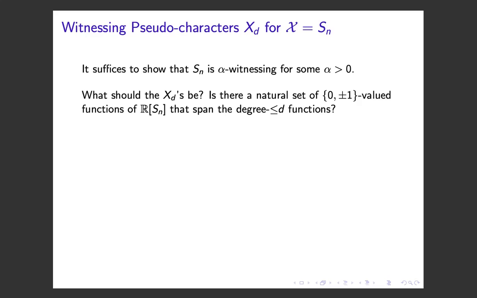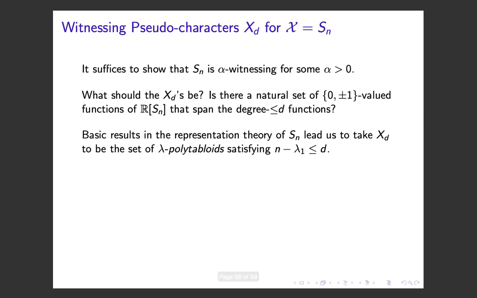At first it seems like finding a needle in a haystack. But if you know some representation theory of the symmetric group, then there's a really natural family of functions that pops out. Namely, these things called lambda polytabloids, the polytabloid functions that satisfy the condition that the number of cells below the first row is no greater than D.